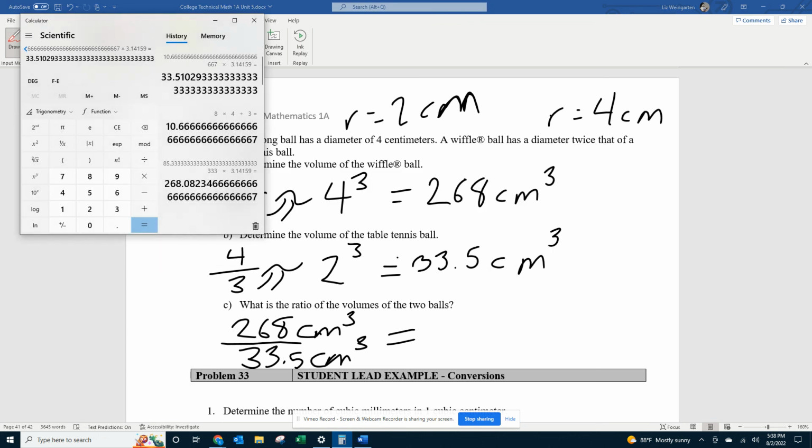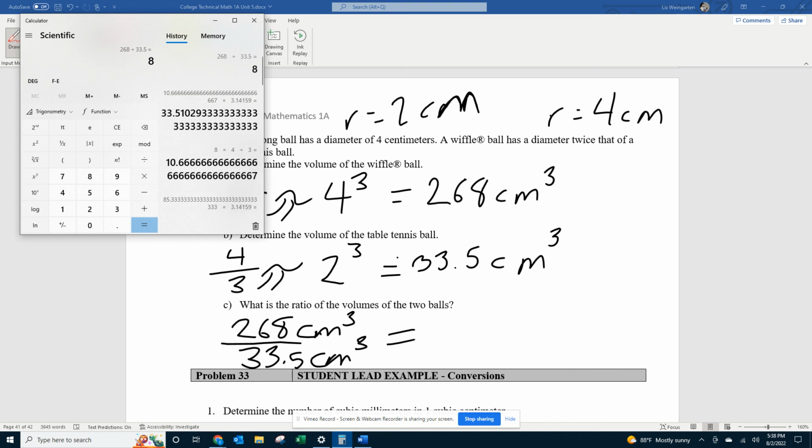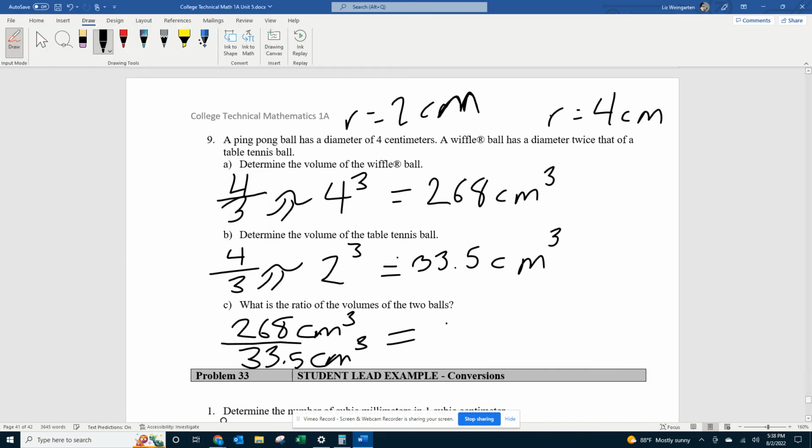So 268 divided by 33.5, we get 8. So it is an 8-to-1 ratio, where the wiffle ball is the 8, the table tennis or ping pong ball is the 1.